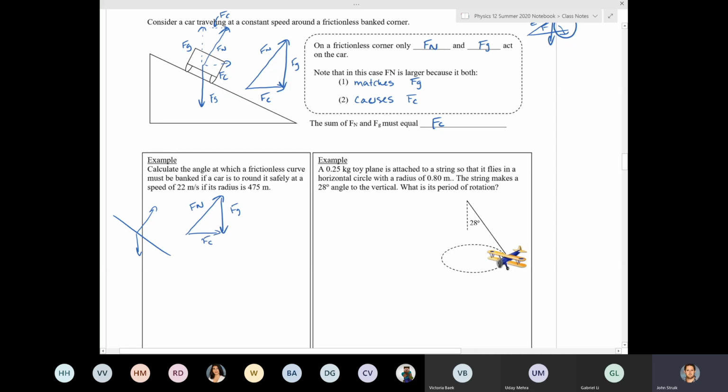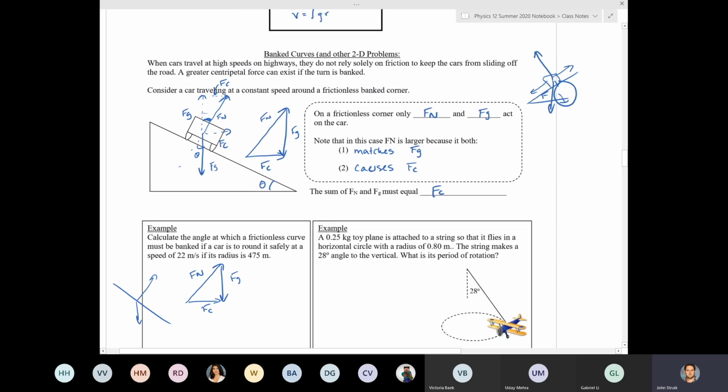Now, in terms of angles, think about this angle of the incline. This angle right here between FG and FN is still the same as before.